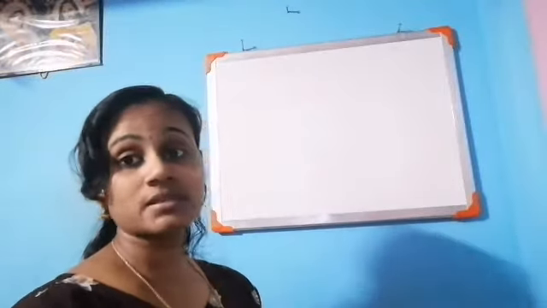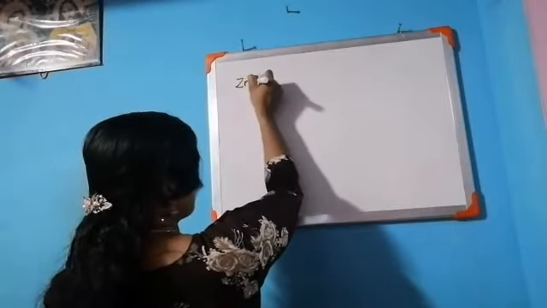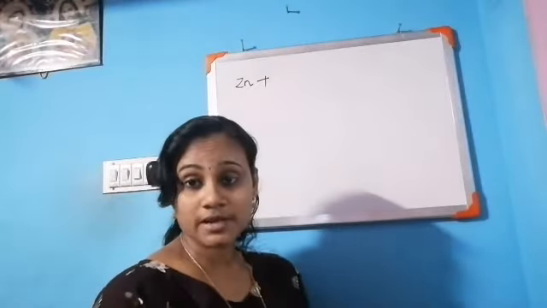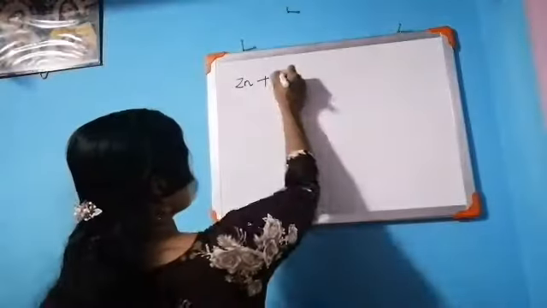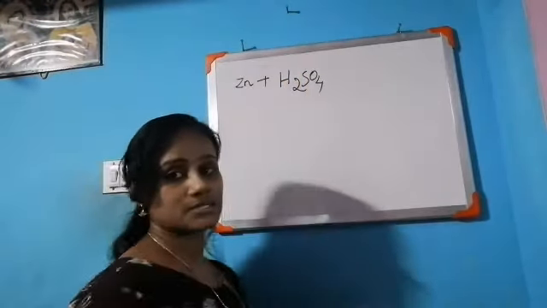Zinc reacts with sulfuric acid. Zinc, Zn, reacts with sulfuric acid. What is the formula of sulfuric acid? H2SO4. That is sulfuric acid.